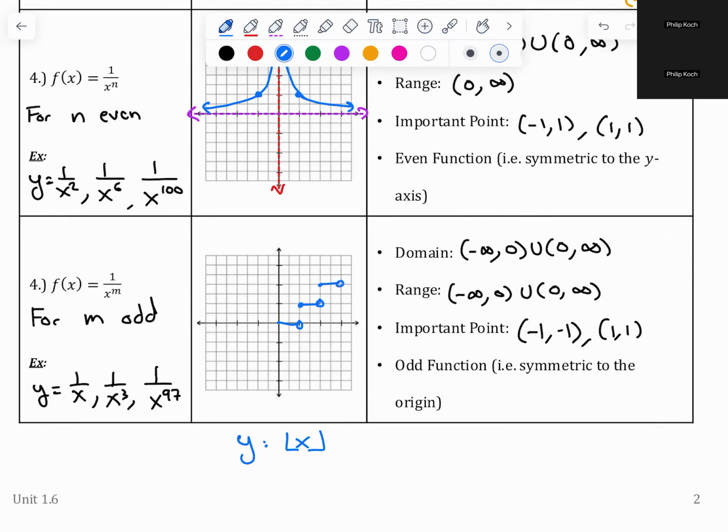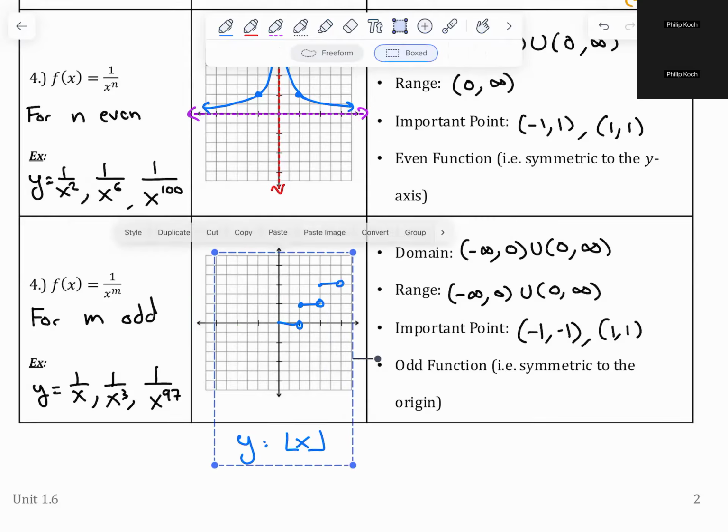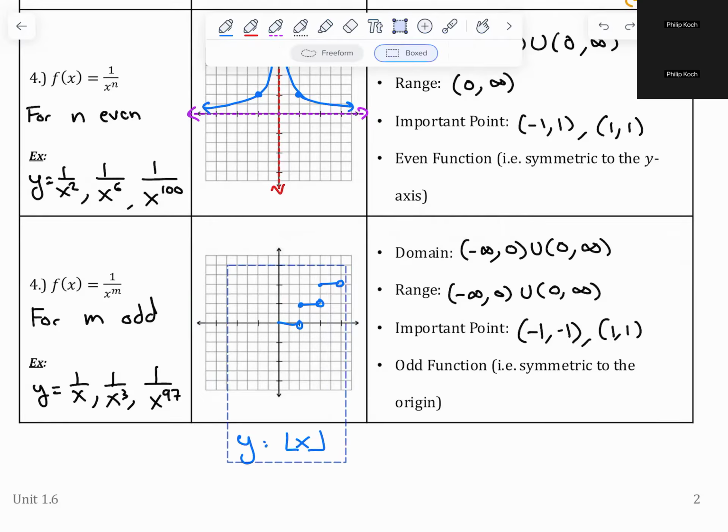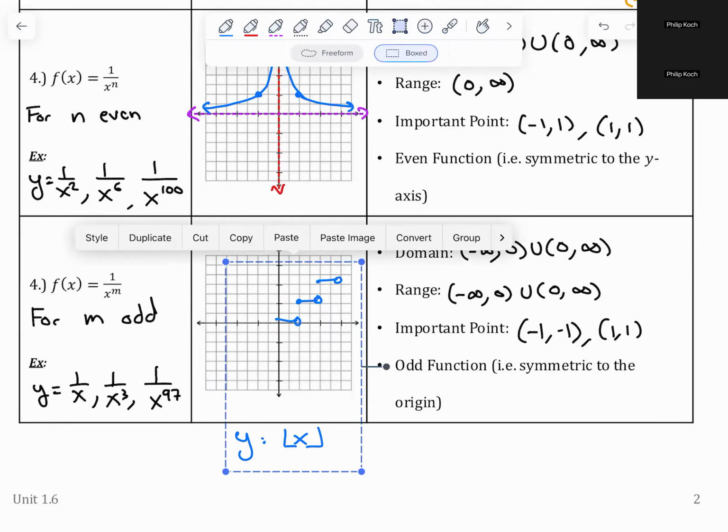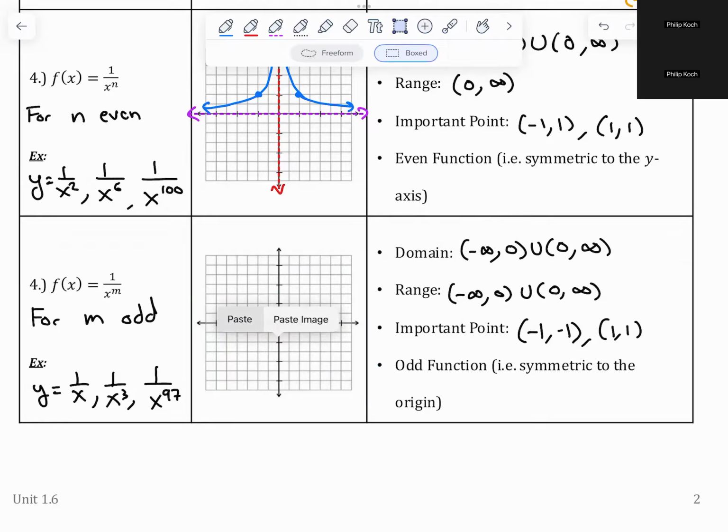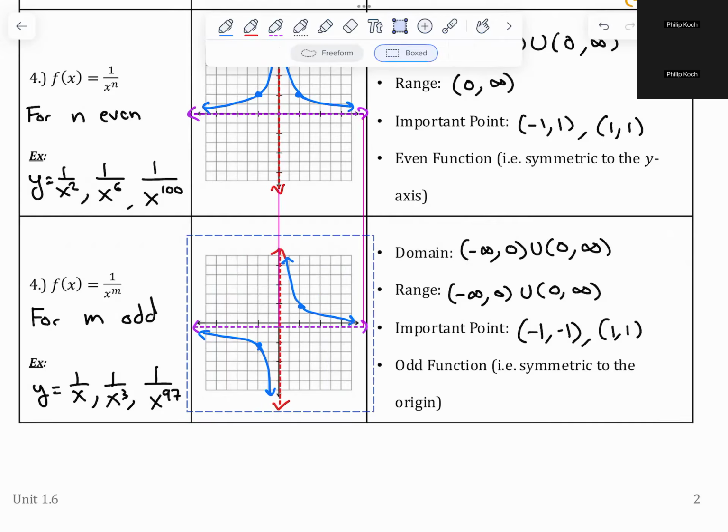It's a fun function. It's useful in a couple of instances, but not important in the long run. Not something that we're going to deal with. But there are other ones later on. Anyways, those are the important functions, and those important points do play a role, as we'll see once we start talking about them.